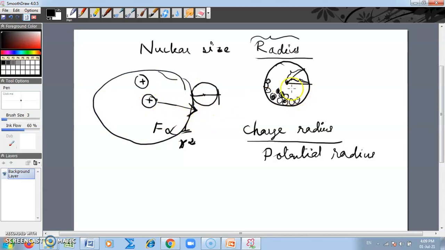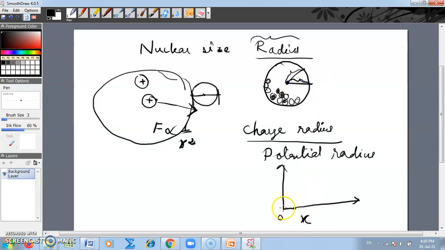So here in the nucleus too, when I draw a graph like this, which we have seen earlier too, on this side, this is the distance. Suppose I say that distance r, or I say it as x, x is the distance from the center of the nucleus, outwards.